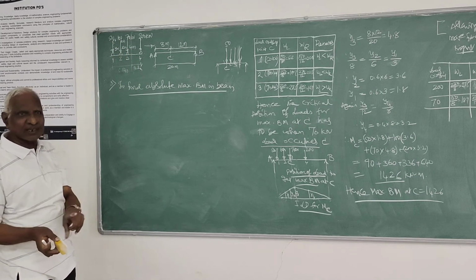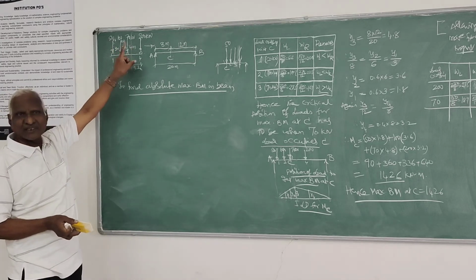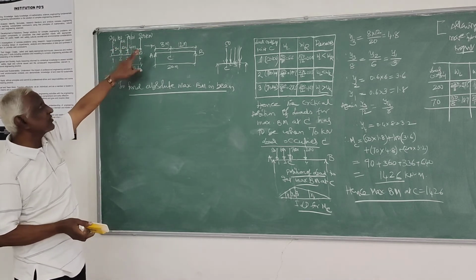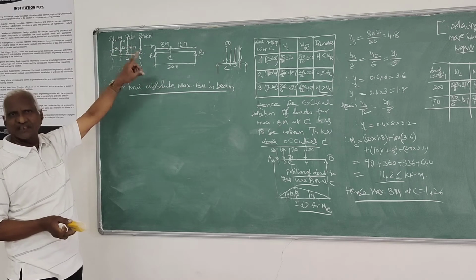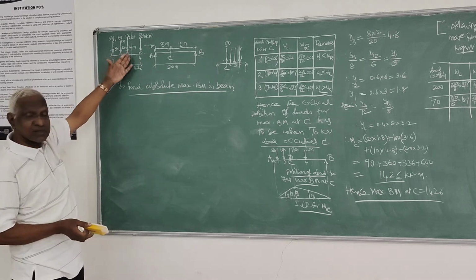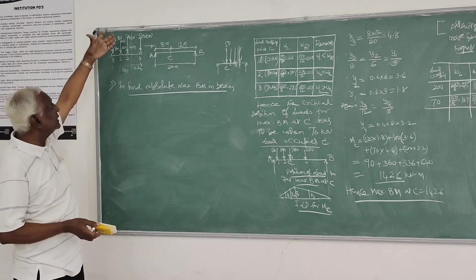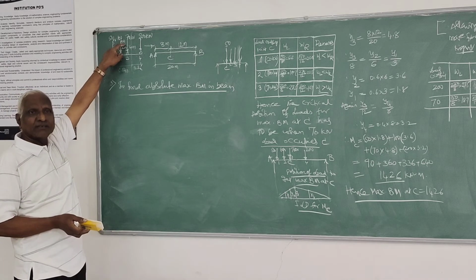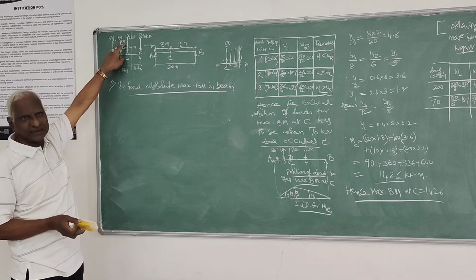The reason for that is this kind of situation, wherein there is a vast difference between the two loads, and sometimes you may get the maximum bending moment even with the load which has a smaller magnitude.